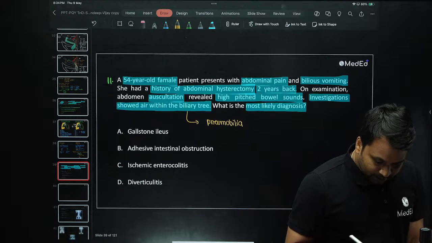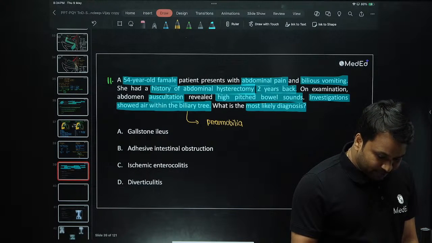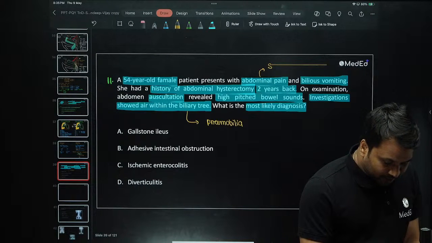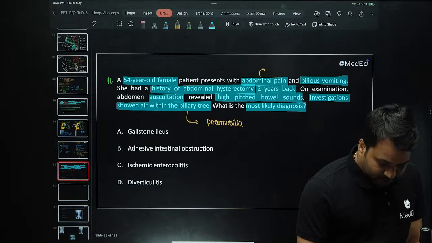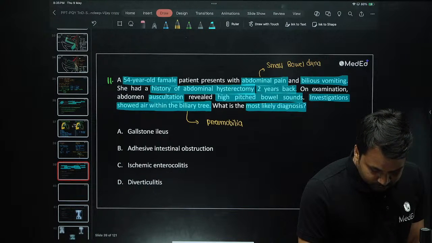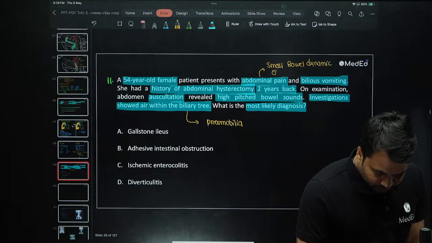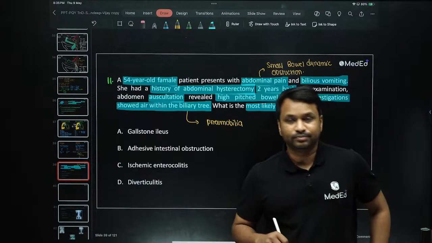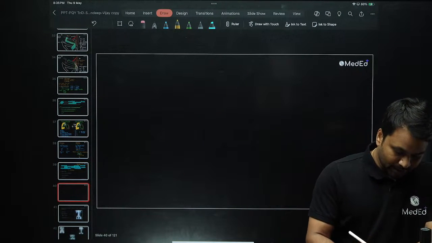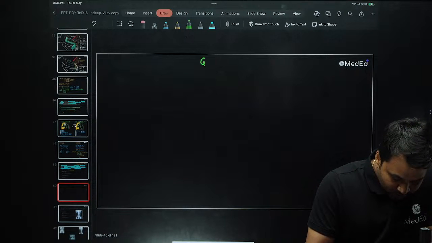Along with pneumobilia, all this abdominal pain, bilious vomiting, this is telling you the patient is having a small bowel dynamic obstruction. Now this is pointing towards a condition that is called Gallstone ileus, right? So quickly looking at what are the components of Gallstone ileus.